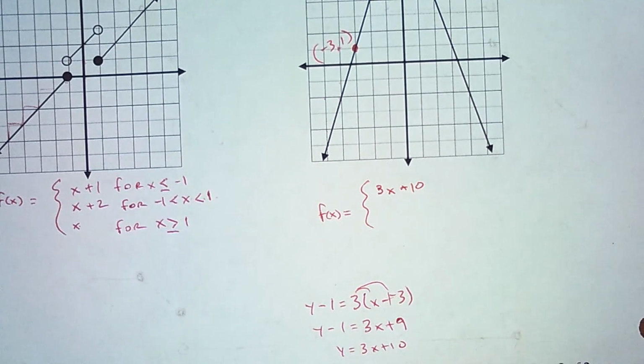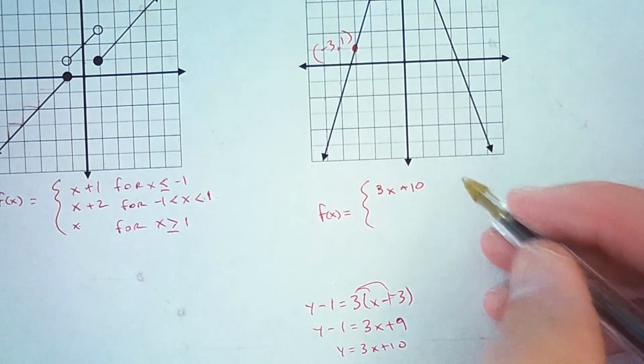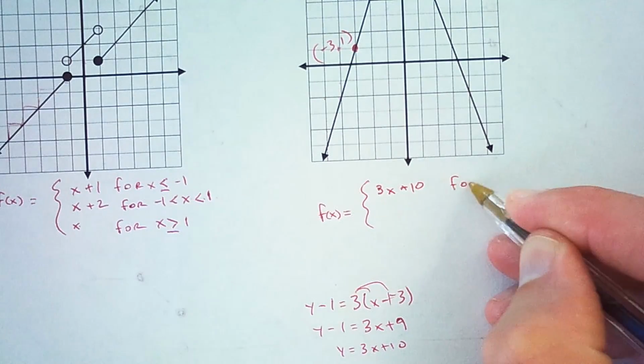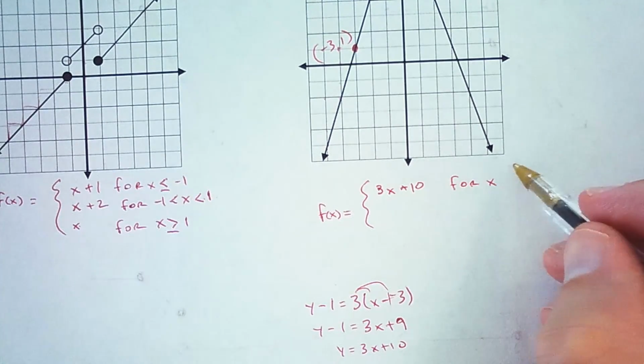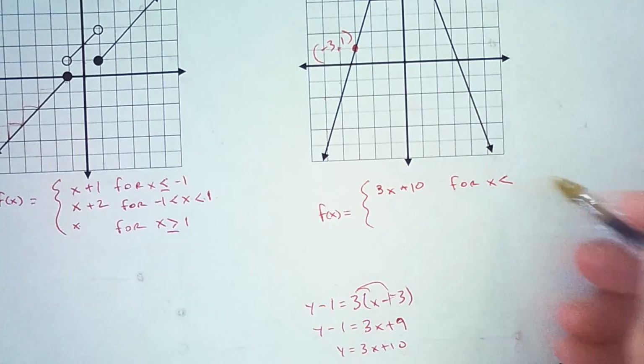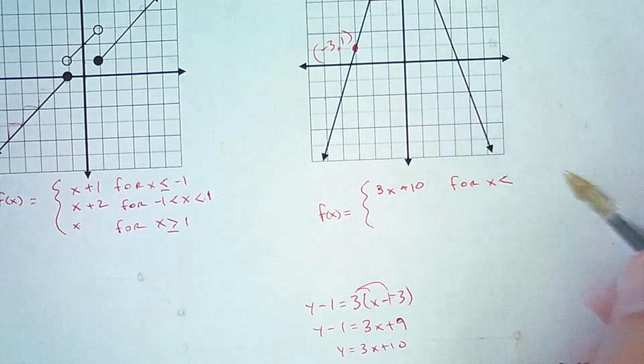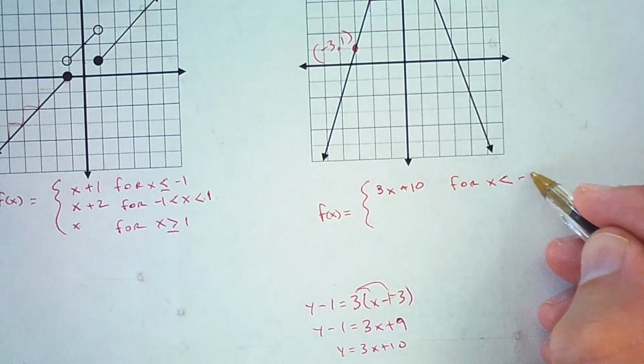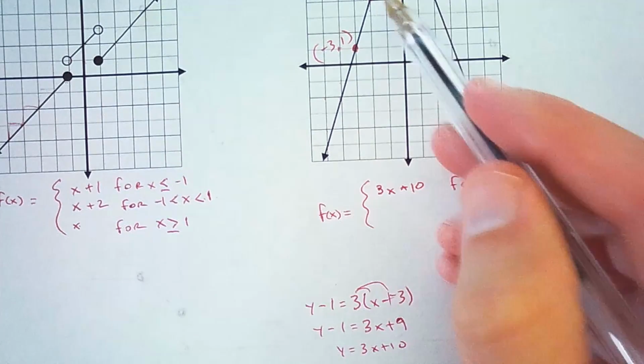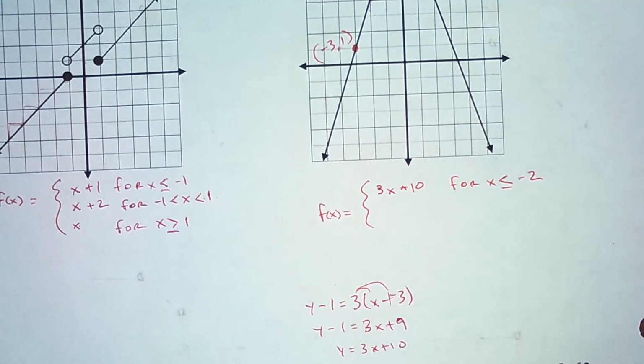So plus 10 for our y-intercept. Now, what is the domain? So that is for x's that are to the left of, or the less than side of, x equals -2. So we're 2 to the left here. So x is less than -2. That's closed here, so I could say less than or equal to.